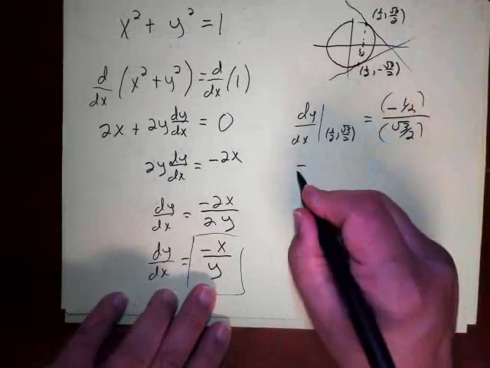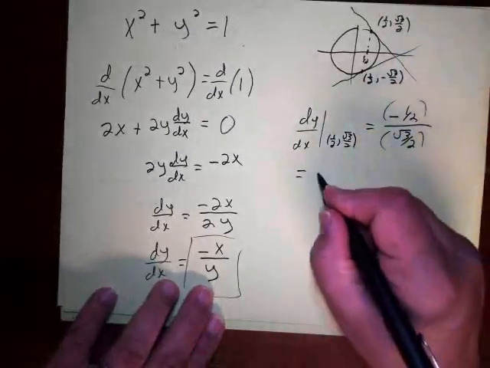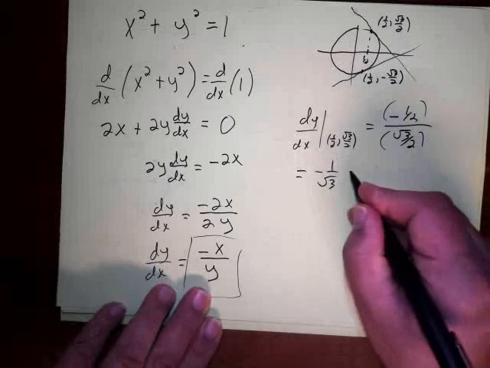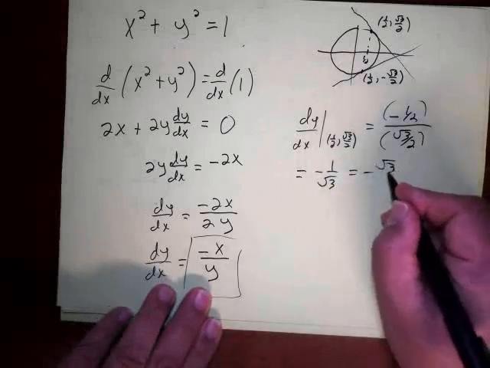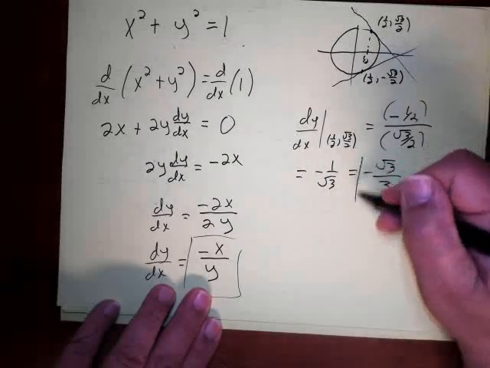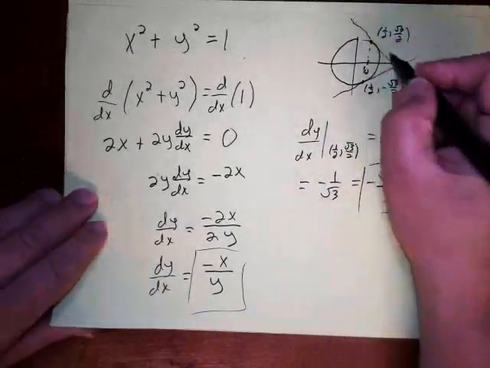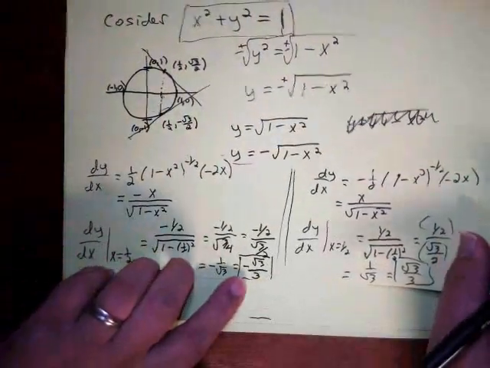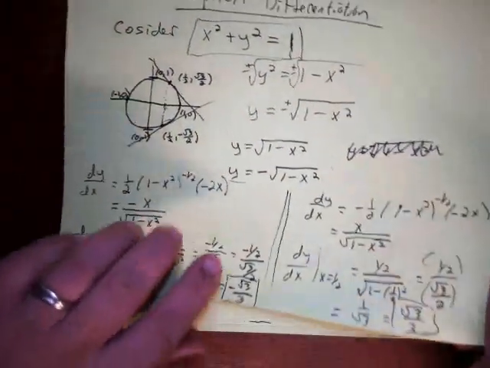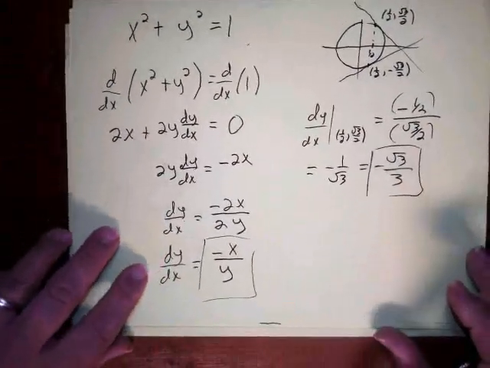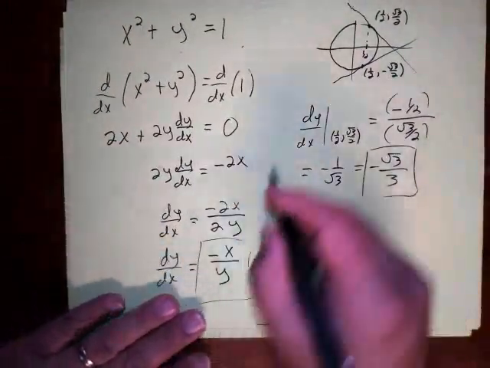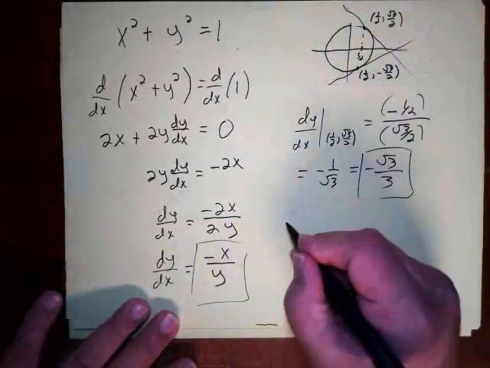And then if I invert and multiply, this would get me negative 1 over the square root of 3, which is negative square root of 3 over 3. And if you look here, that's this tangent line for the top semicircle, indeed, I got negative square root of 3 over 3. Same thing.